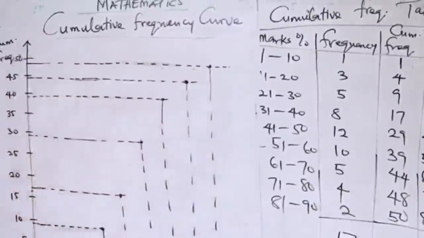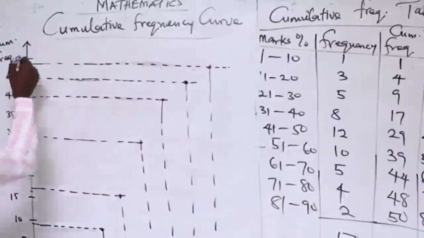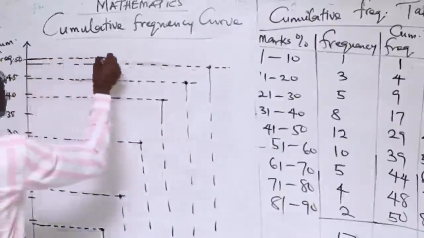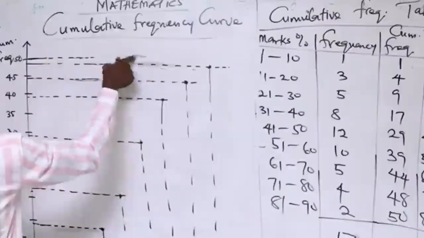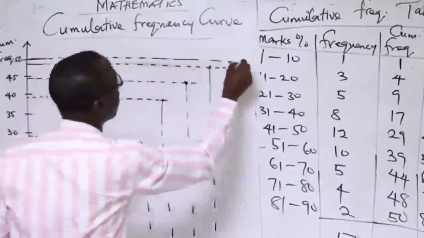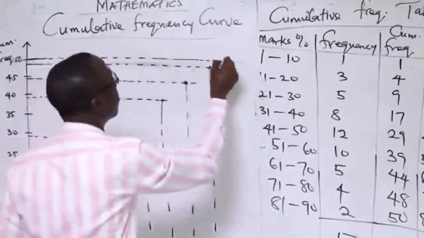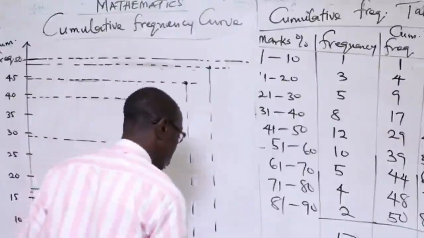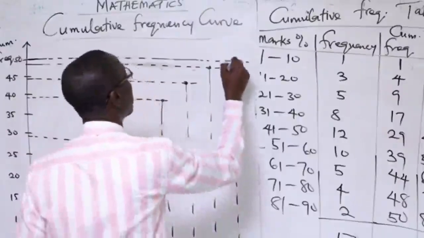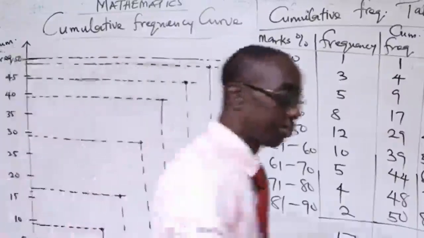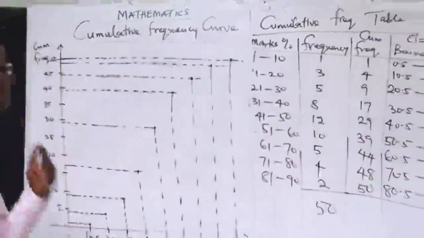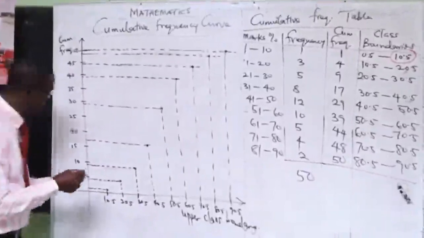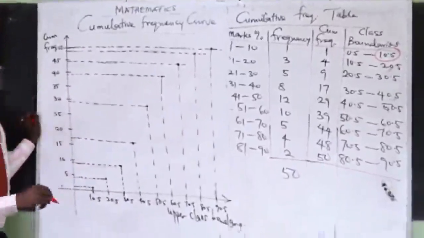Then 90.5, that is our 50. All right. It is at this junction you will now have to join your points together. Please, you know how to join a curve now.